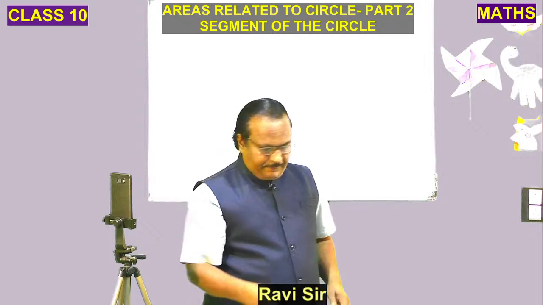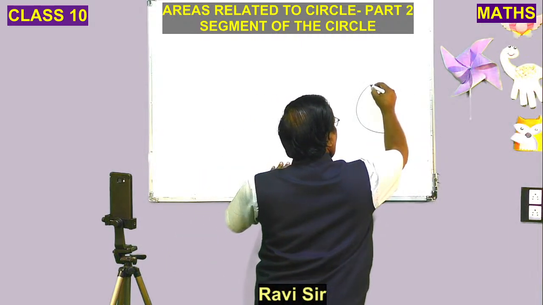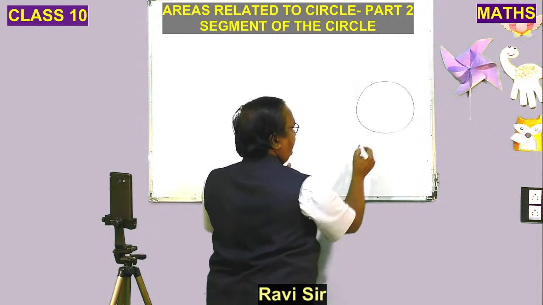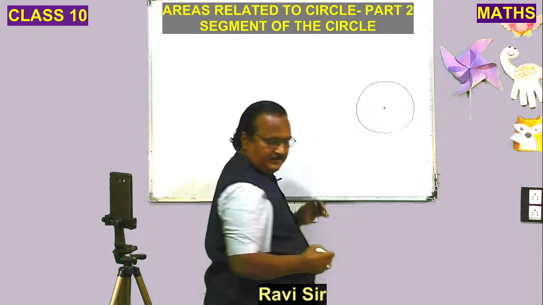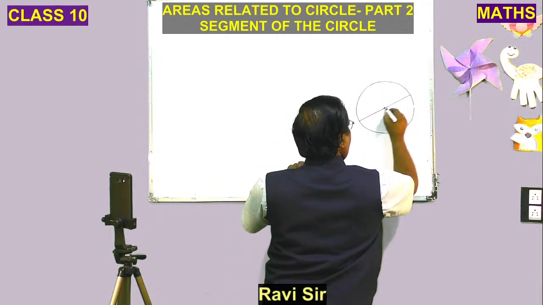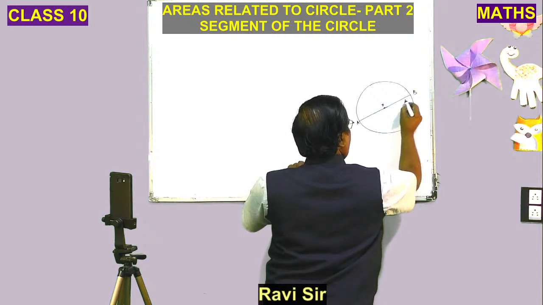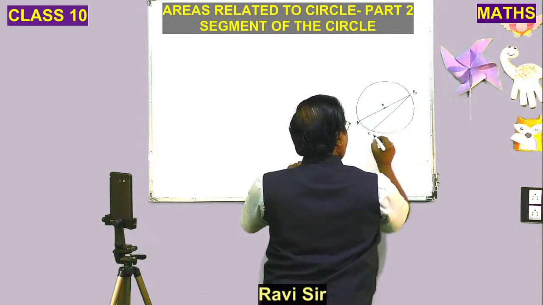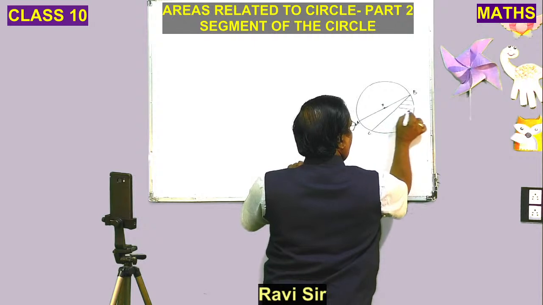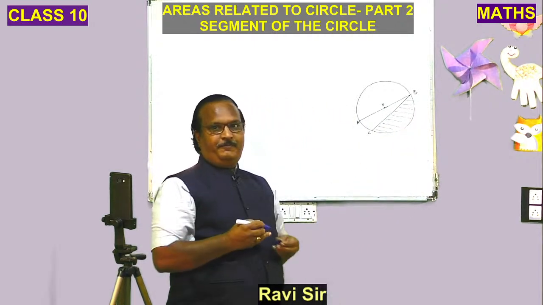One question. There is a circle here, there is a center here, there is a diameter. AB is the diameter and there is a chord BC, and you have to find the area of the segment.